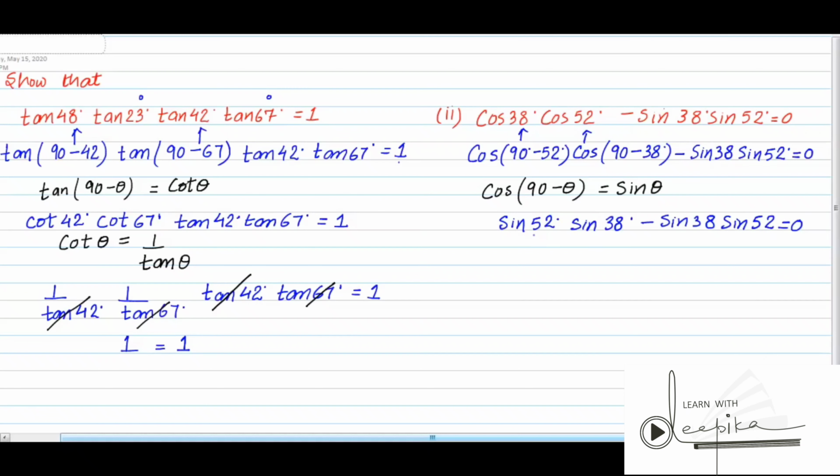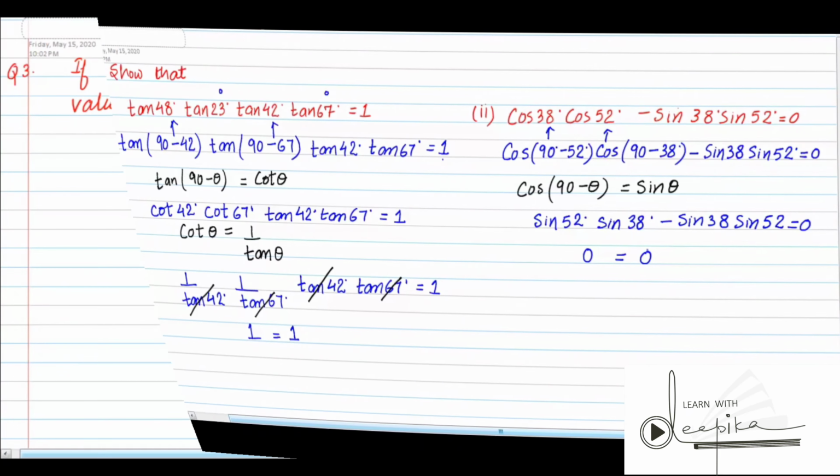Now you can see sin 52 sin 38 minus sin 38 sin 52. So in the left hand side you will get 0, and the RHS is also equal to 0.